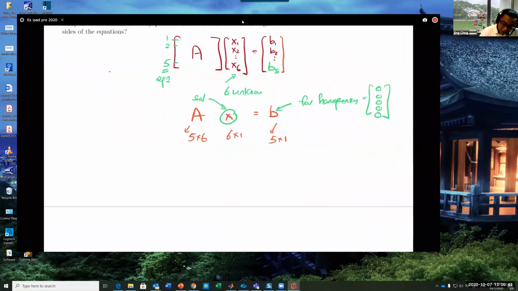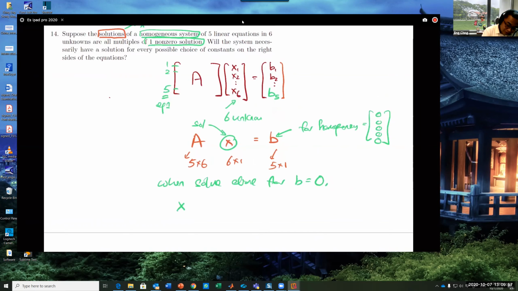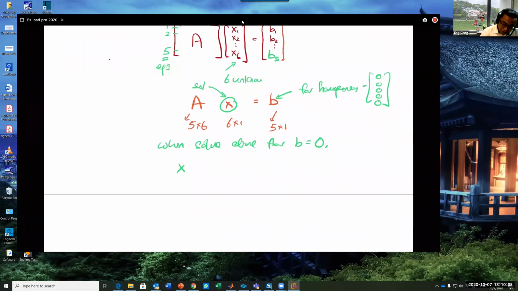So he's saying that when we solve above for B equals 0, X is what? All multiples of one non-zero solution. X is not the trivial solution, but some non-zero vector alpha.